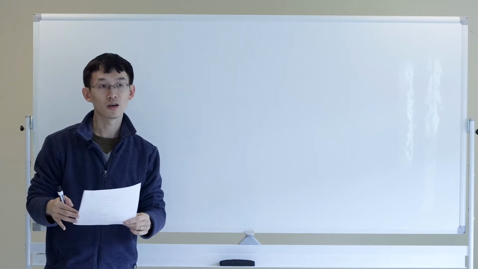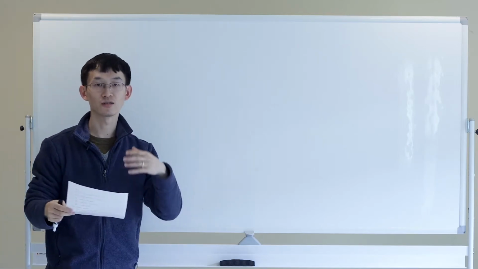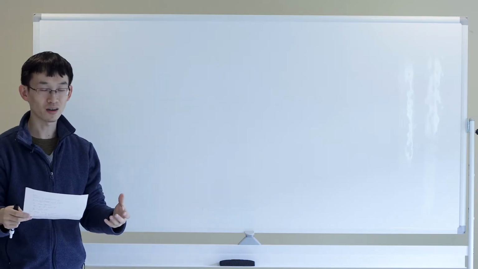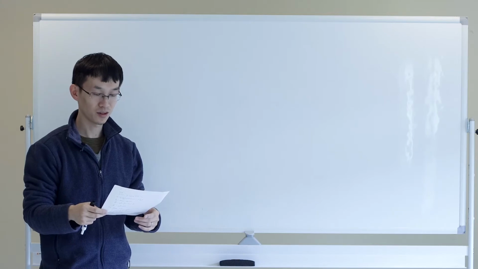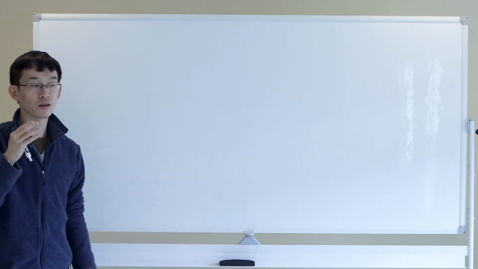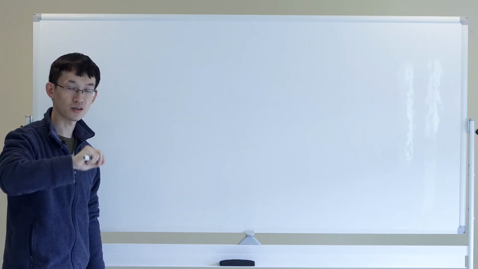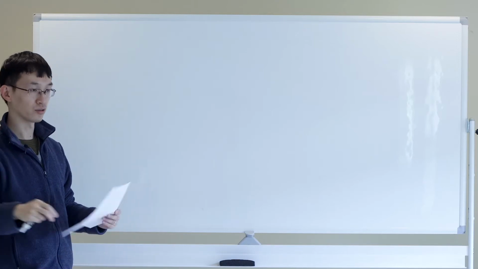Okay, so the first section today is to briefly review what we talked about in the last class, or last video. In the last class, the critical thing is that we migrated from second order nonlinearity to third order nonlinearity.